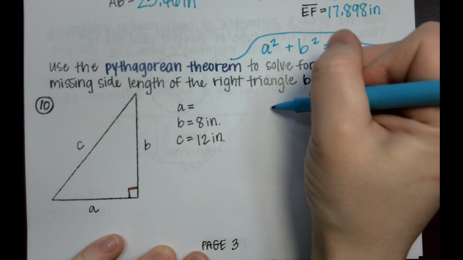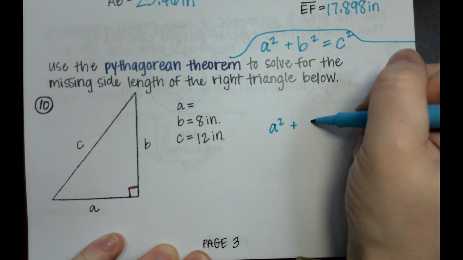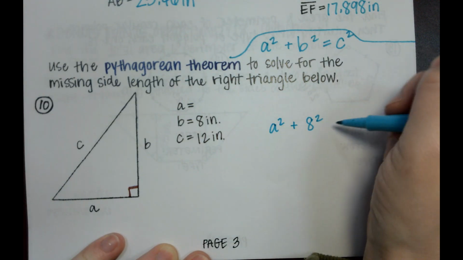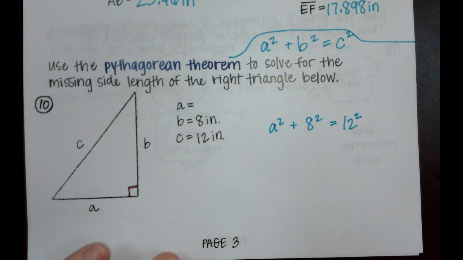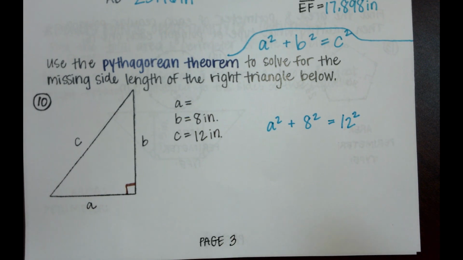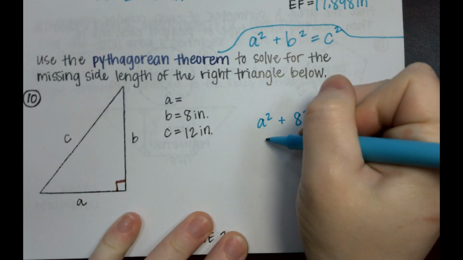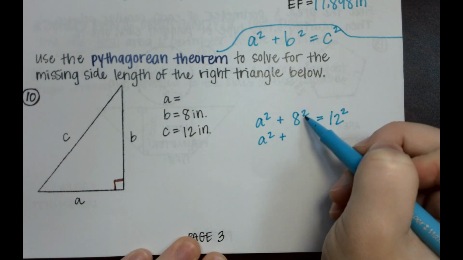So we have B and we have C. We need to solve for A. So this would be a squared plus 8 squared equals 12 squared. Perfect. Then first you have to find the squares, because you can't solve for it.